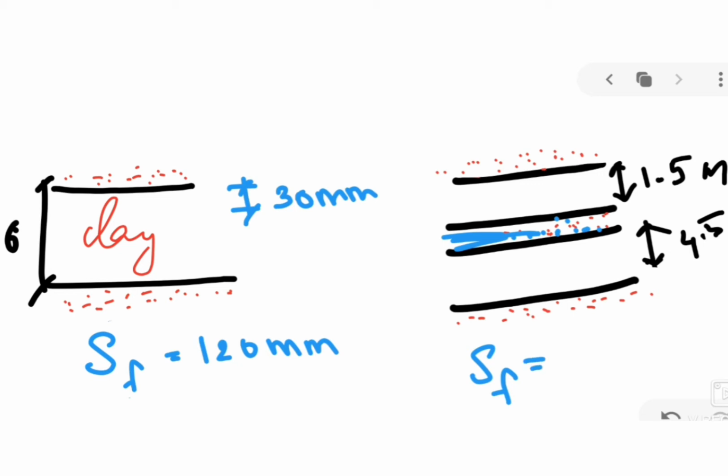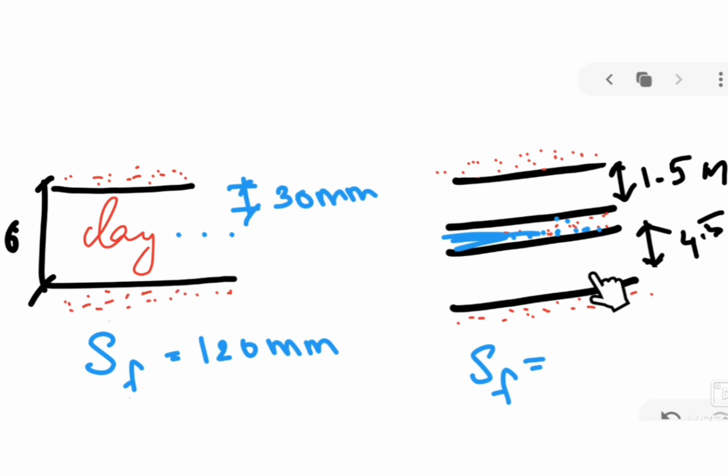One thing you must understand: however many layers we introduce in between, this soil can finally settle only about 120 mm. The time it takes may be 10 years here, but when you introduce a drainage path, that is a sand layer in between, it will take 5 years. That is the only difference.